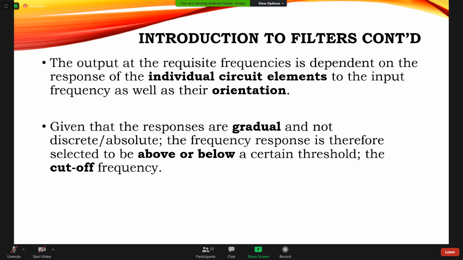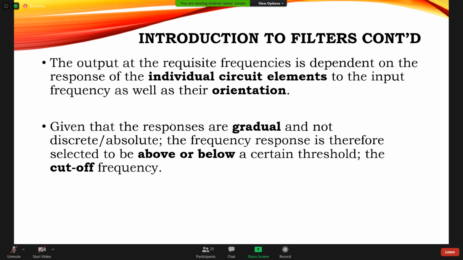So, bearing these points in mind: one, the individual elements, whether we're using R, L, or C. Two, orientation, how we connect them. Three, we're talking about gradual responses, gradual output, and not absolute. So we therefore have to consider cutoff.